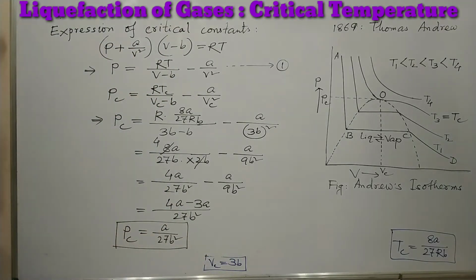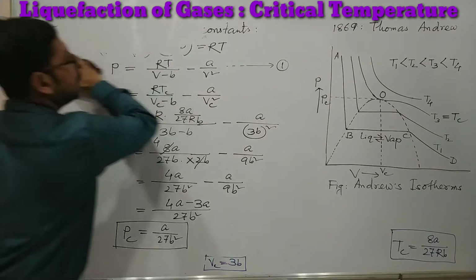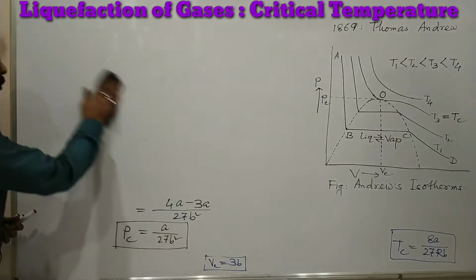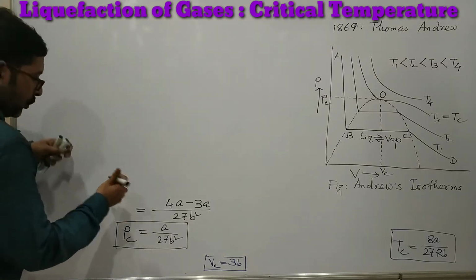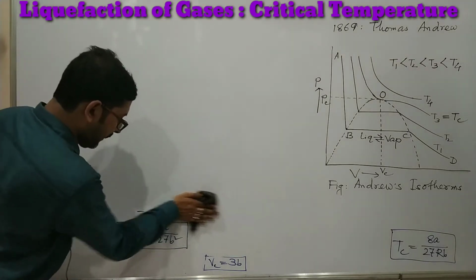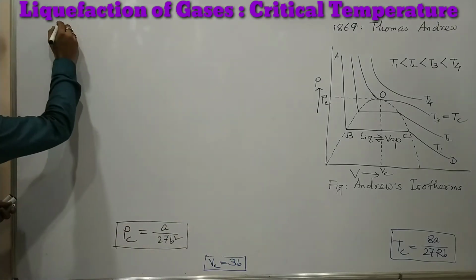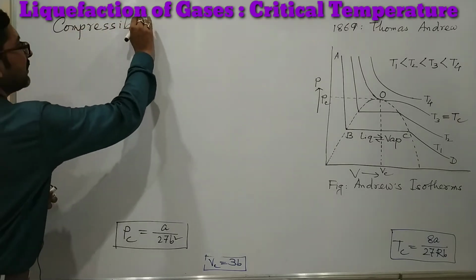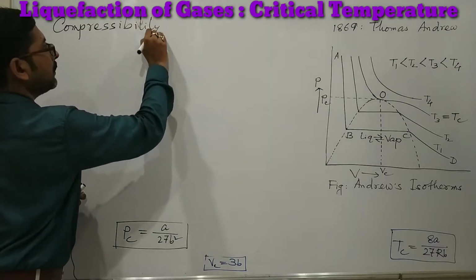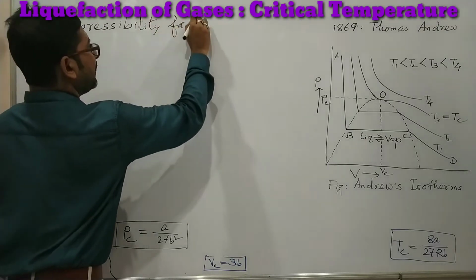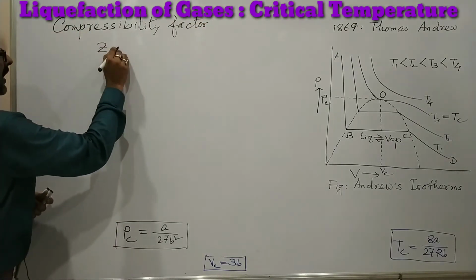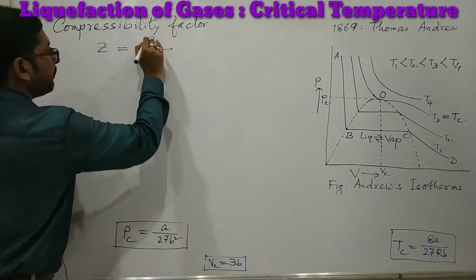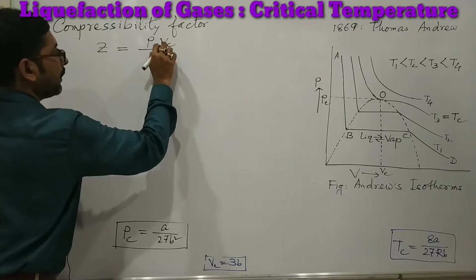Now we know the compressibility factor Z. Definitely at the critical point, Z equal to Pc Vc by RTc.